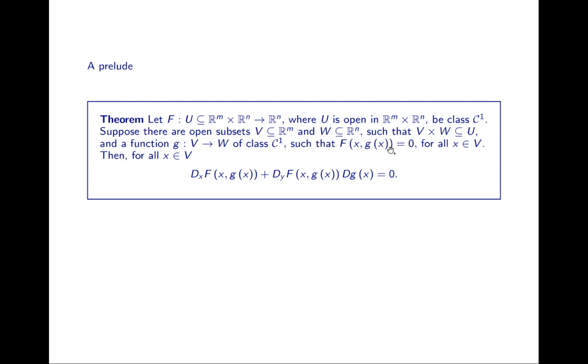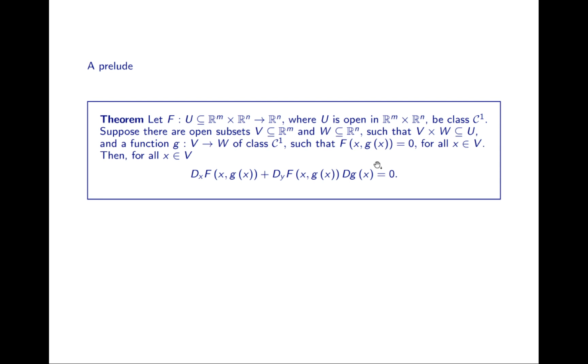In other words, g would be an implicitly defined function. G maps x to g of x, and it's on the curve defined by the level set of f at the level 0. So here we're assuming that there's an implicitly defined function of class C1 on the curve.